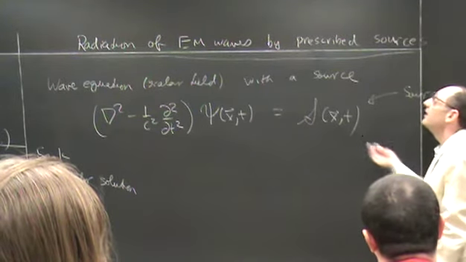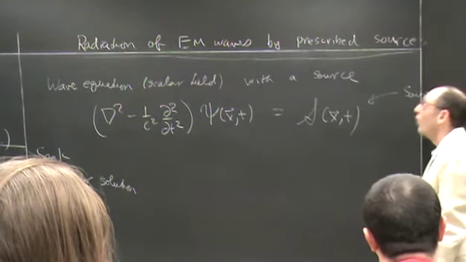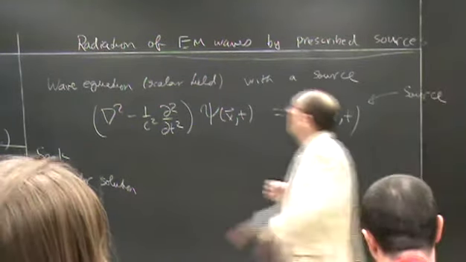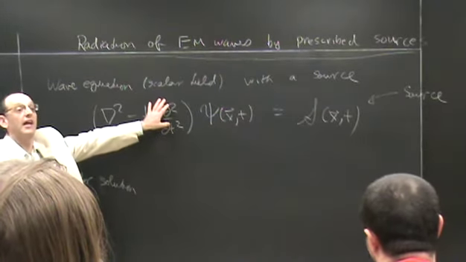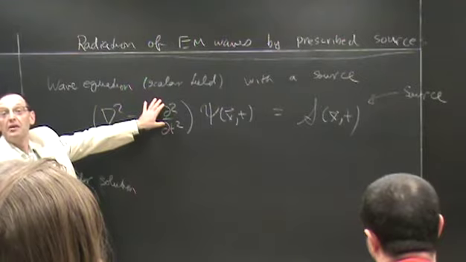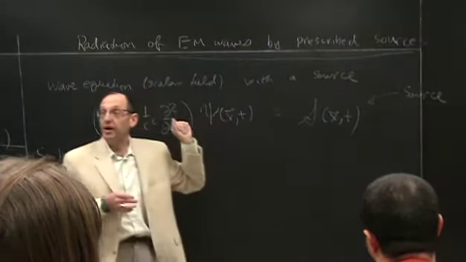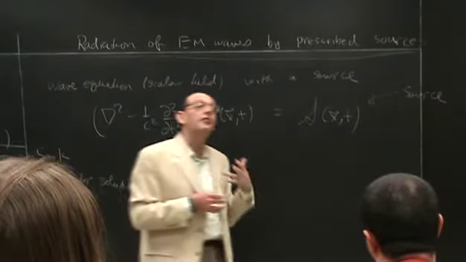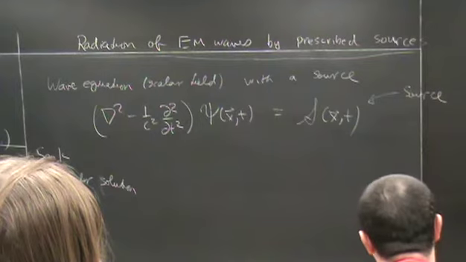This is the same kind of problem that we've discussed before. Suppose we didn't have this d by dt squared here. Then it would look like the Laplace equation, that is, what we call Poisson's equation. And we solve that by looking for the Green's function, which is essentially equivalent to what you're saying.